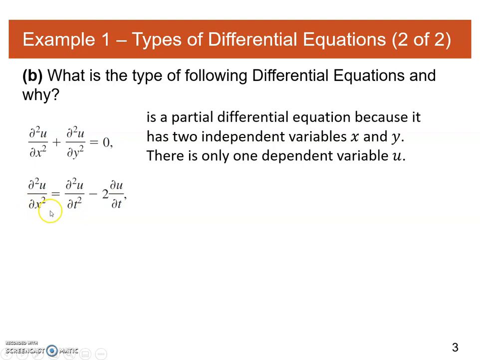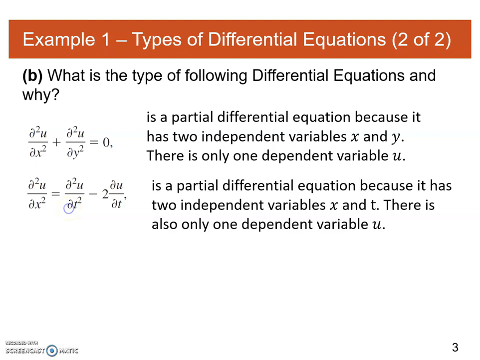In this case, as you can see, x and t are the two independent variables. So it is a partial differential equation. The next is also a partial differential equation. It is different from the previous one in that it has two independent variables and two dependent variables. The two dependent variables are u and v, and the two independent variables are x and y.